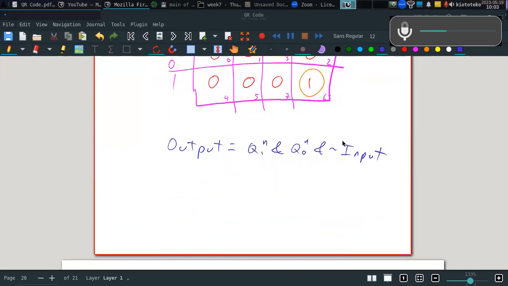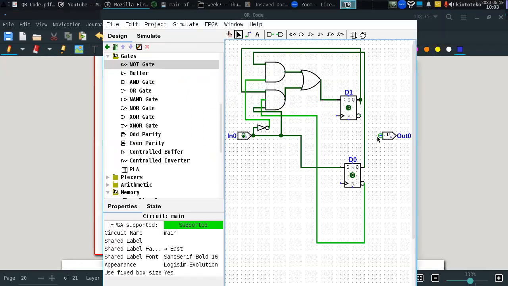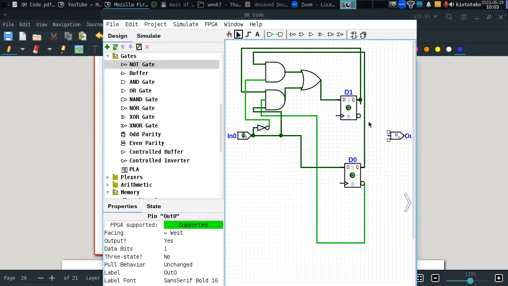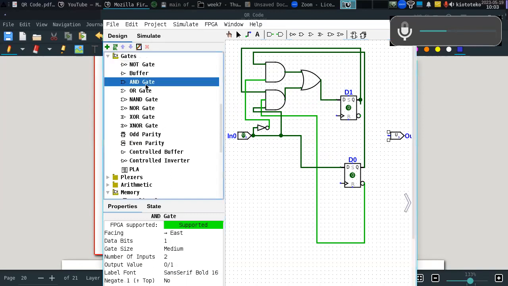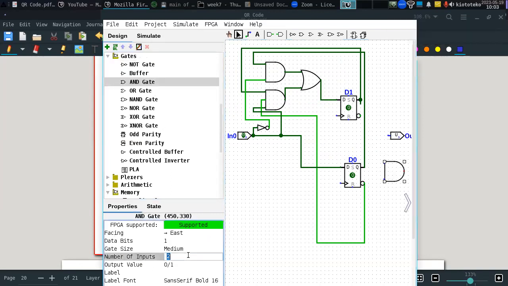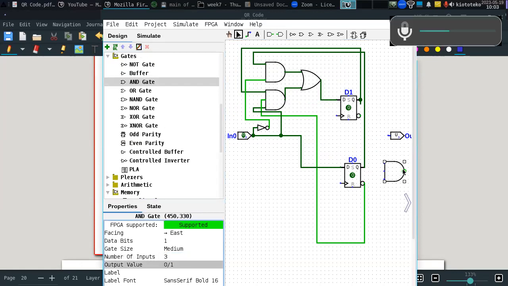And finally, our output, which is an AND of 3 inputs. So output. It's an AND gate of 3. And this is connected to here.